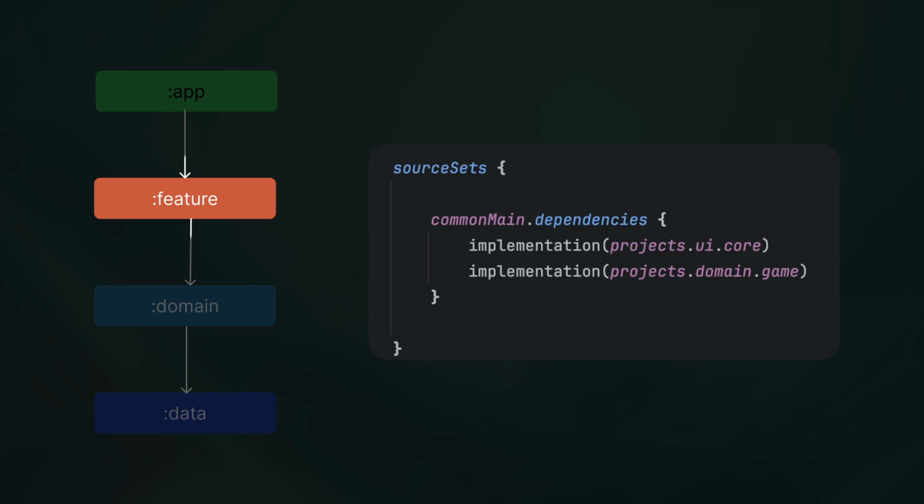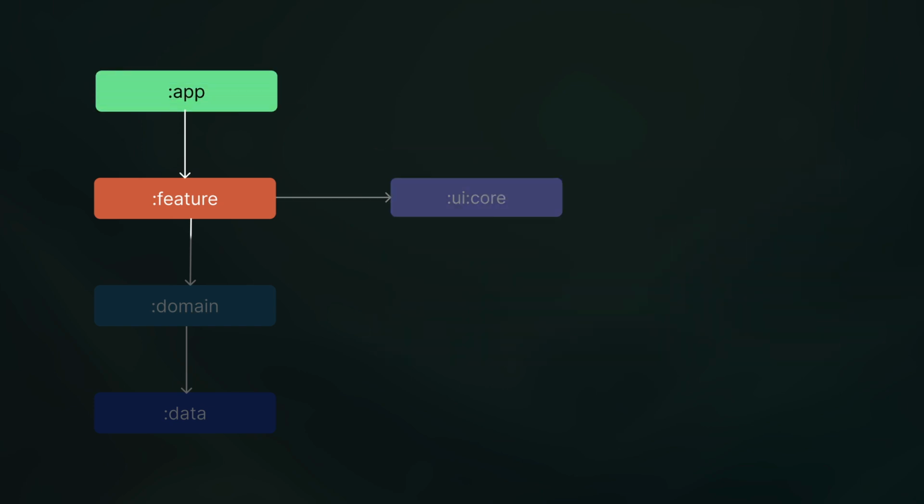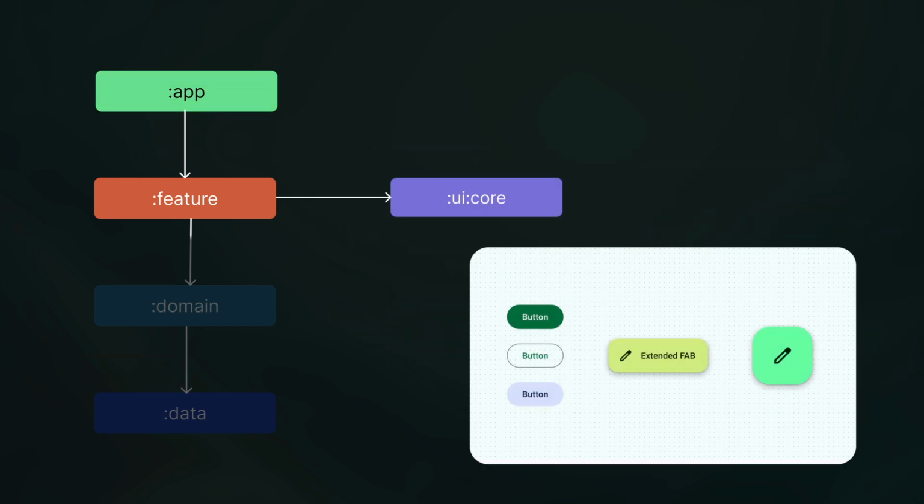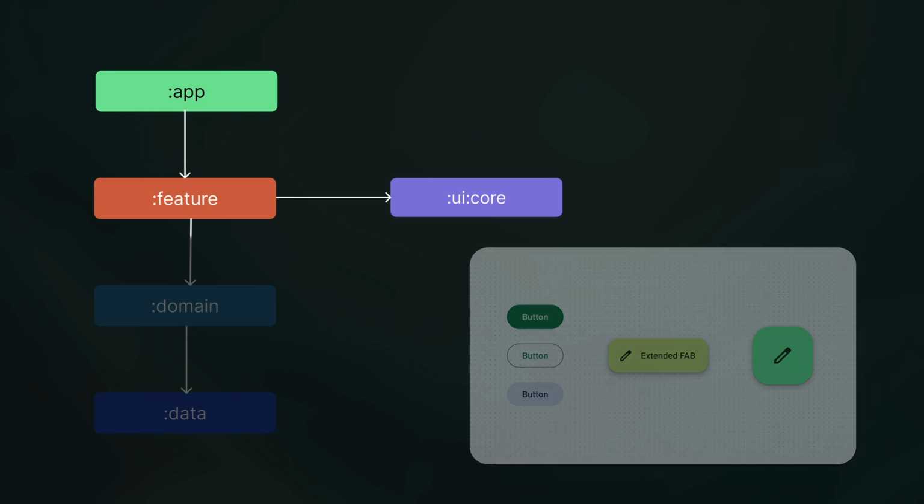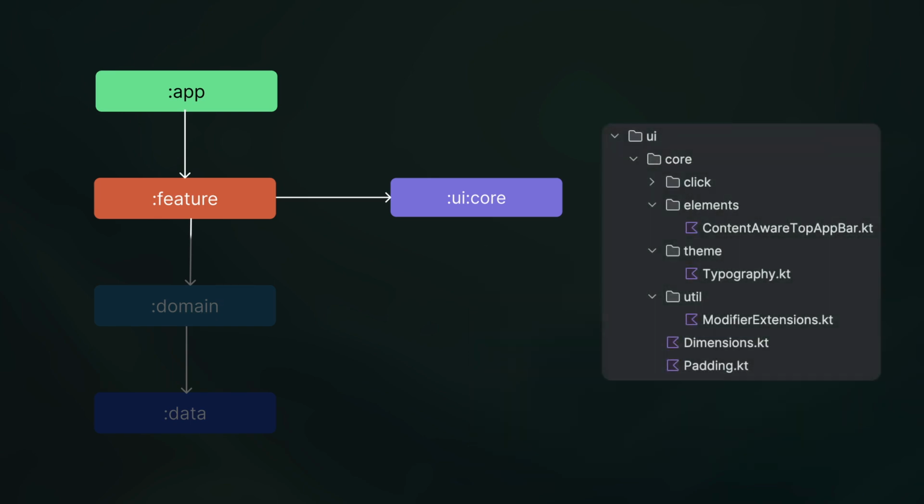They'll depend on the UI module for visual components and will depend on any domain modules that are applicable for that specific feature. The UI layer defines shared UI components, themes and utilities that can be reused across all features. This ensures a consistent look and feel across the app.